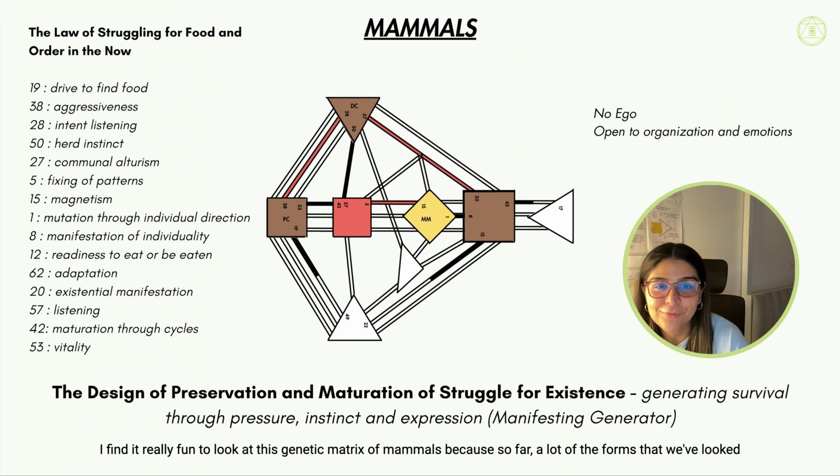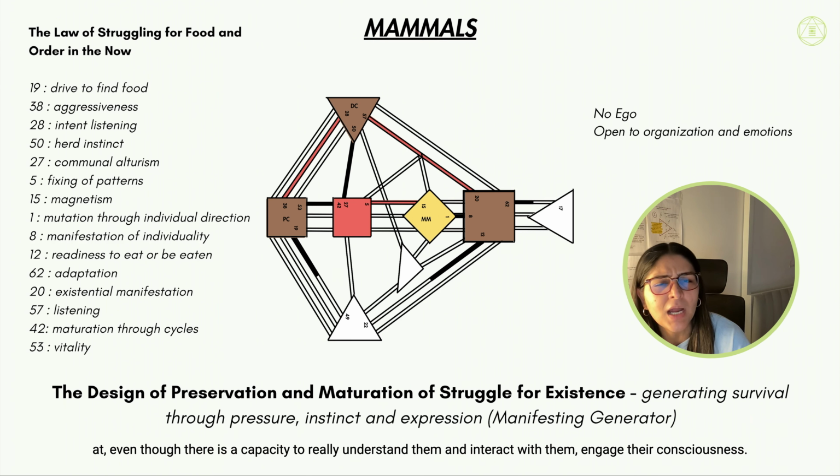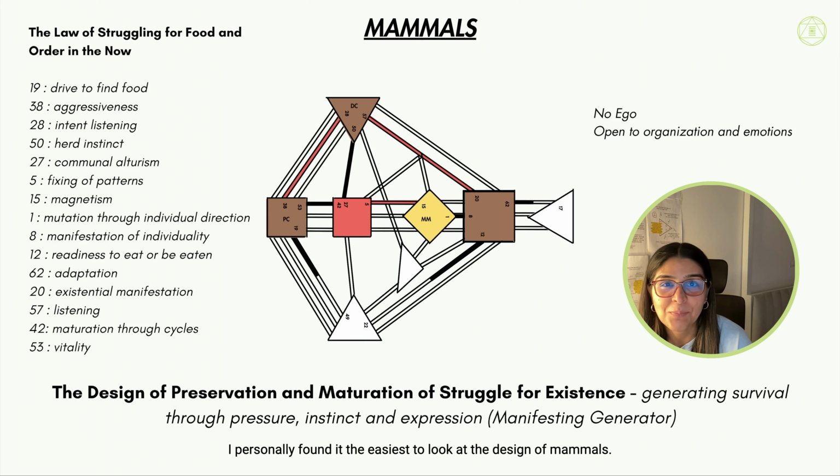I find it really fun to look at this genetic matrix of mammals because so far, a lot of the forms that we've looked at, even though there is a capacity to really understand them and interact with them, engage their consciousness, I personally found it the easiest to look at the design of mammals and really understand how it shows up.